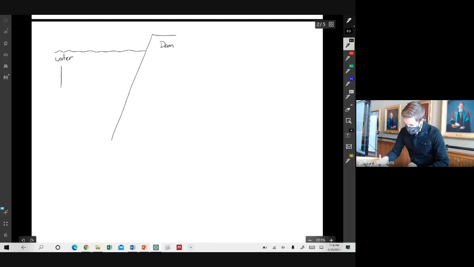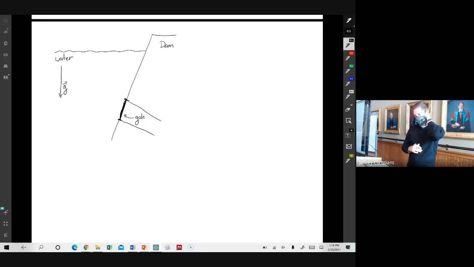Gravity is acting straight down. And down here, that's our gate. That's the thing that we care about, at some distance underwater.